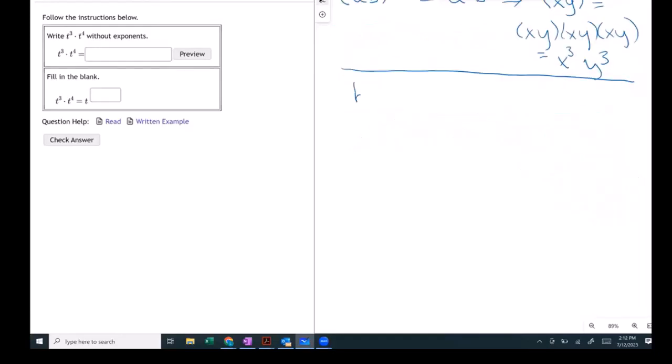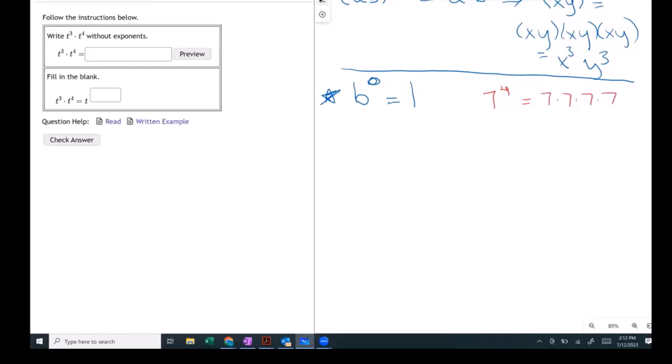Any base to the 0 power is always equal to 1. This is very important. Let's look at it. Let's say I have 7 to the 4th power. That's the same as 7 times 7 times 7 times 7. And I divide both sides by 7.